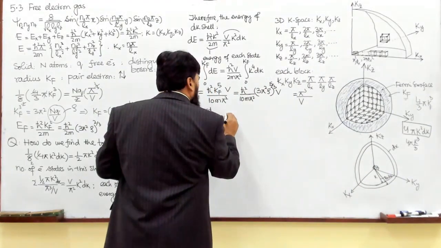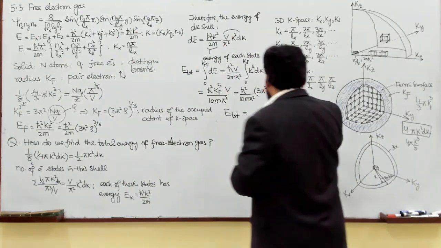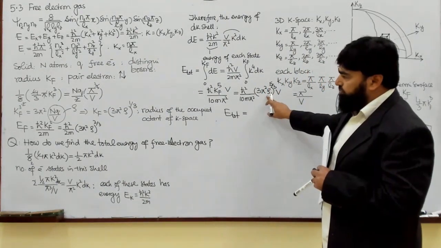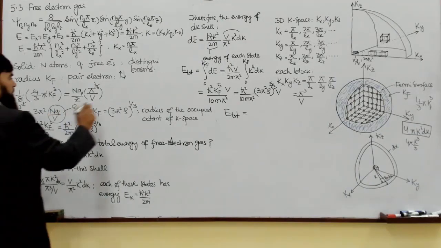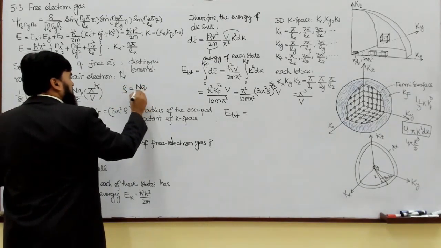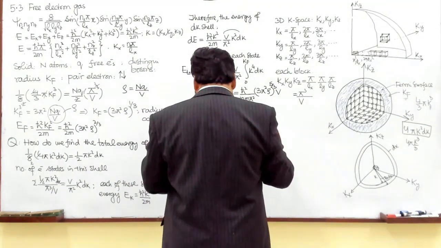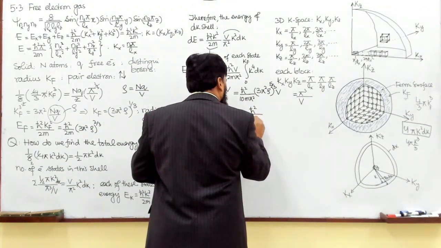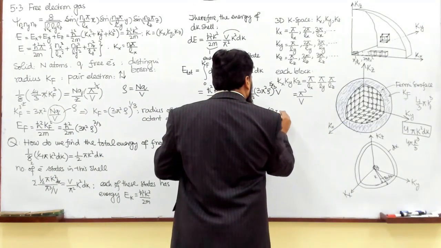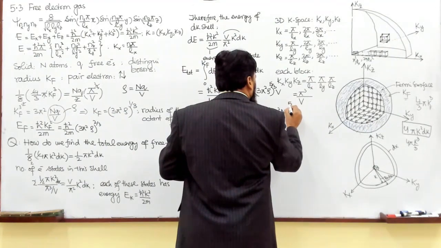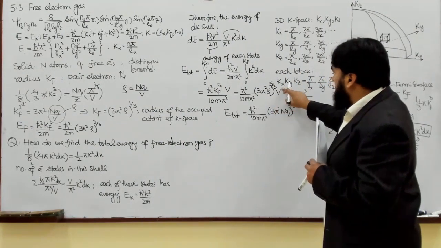So we are having E total equal to, now here is V and we are having V here as well, because over here we wrote rho equal to NQ over V. Rho is NQ over V. So I will have to simplify this V with that V, and it is h bar square over 10 m pi square, and this one will become 3 pi square, and NQ I will keep here raised to the power 5 by 3, while V will have power 5 by 3, and this is having 1.